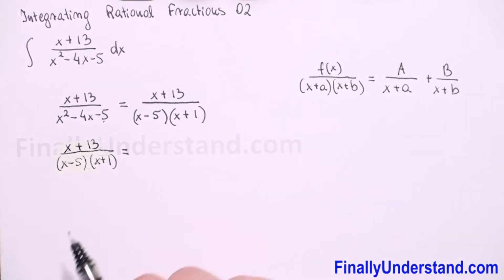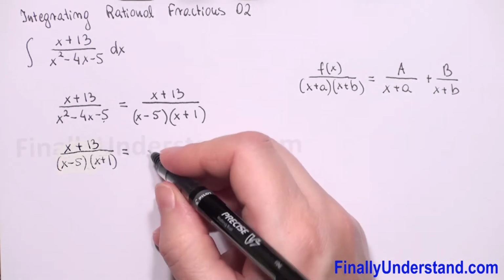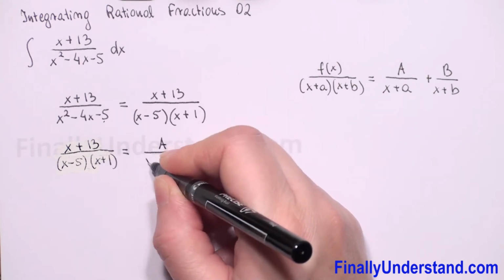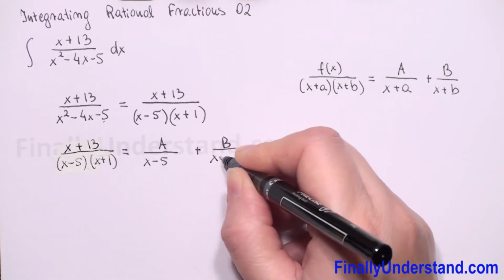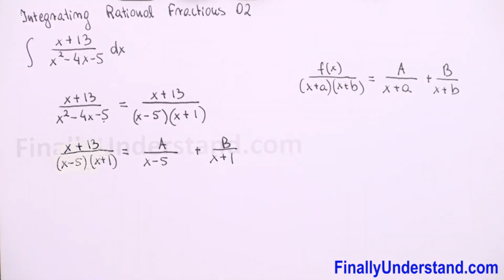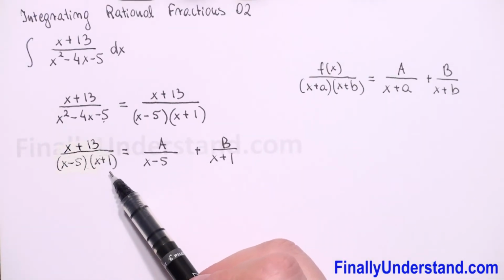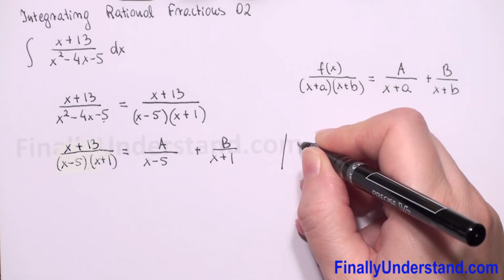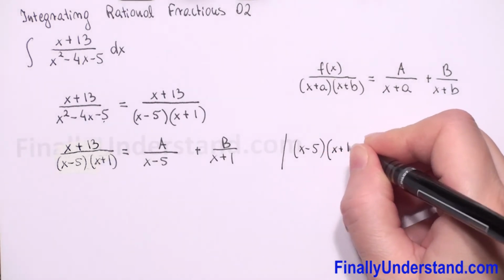So now, in this example, we can rewrite our rational fraction to partial fractions, and it will be A over x minus 5 plus B over x plus 1. Now, to reduce the denominator, we will multiply both sides of our equation by x minus 5 times x plus 1.